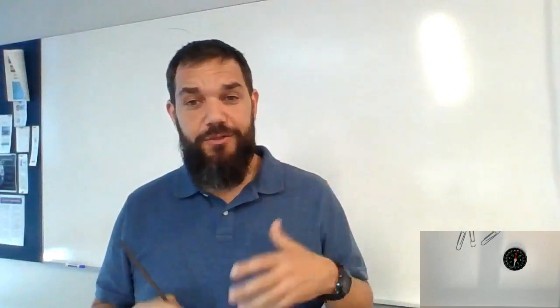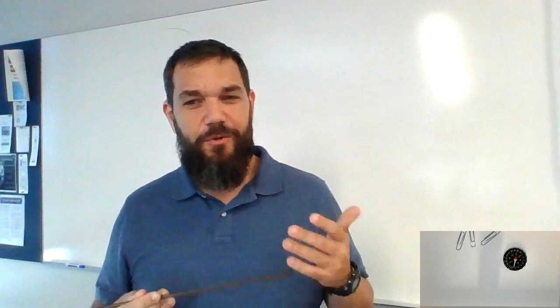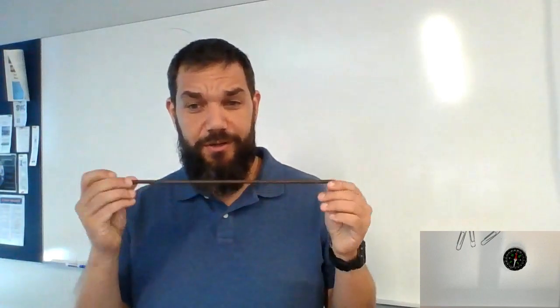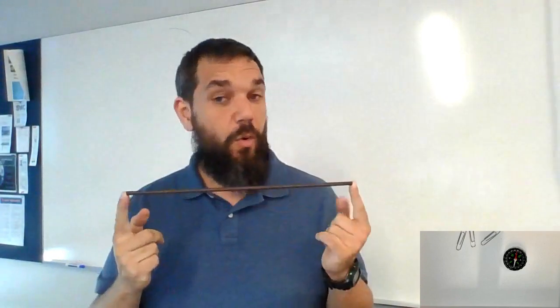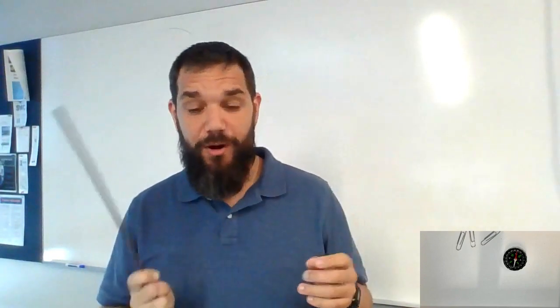Hello everybody, and welcome. This is a little demo I want to show you. It's maybe a demo that you might have seen in grade school, but basically, I want to show you how circulating electrical currents can create or induce a magnetic field, and it's a very common demonstration. What I have here is just an iron bar, iron just like what's in the core, what is circulating in the core.